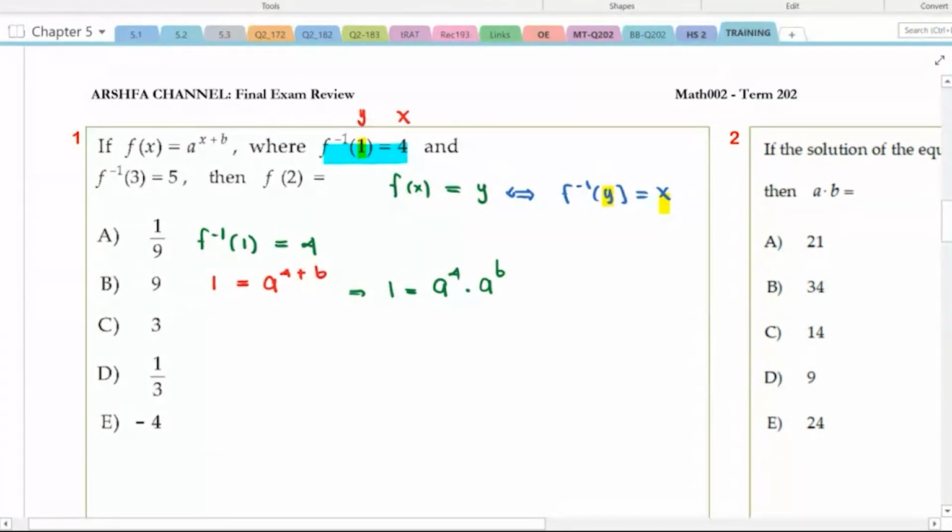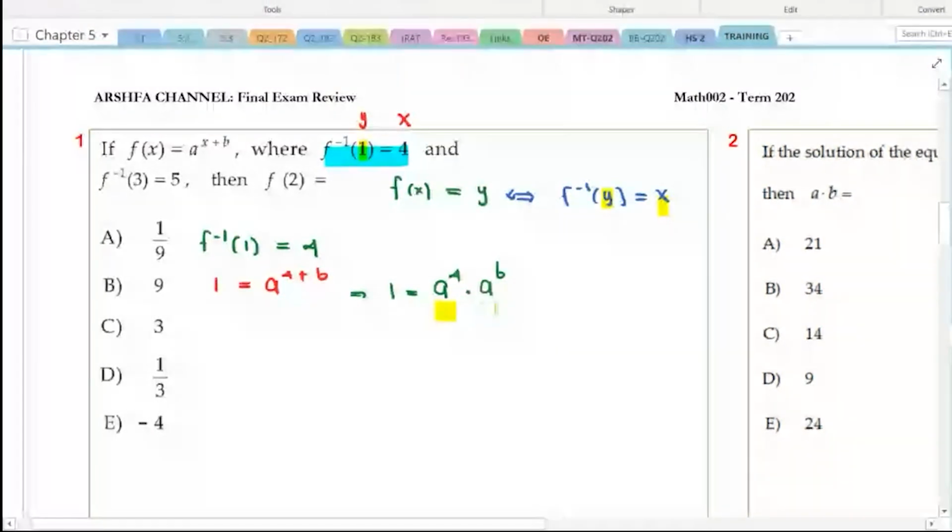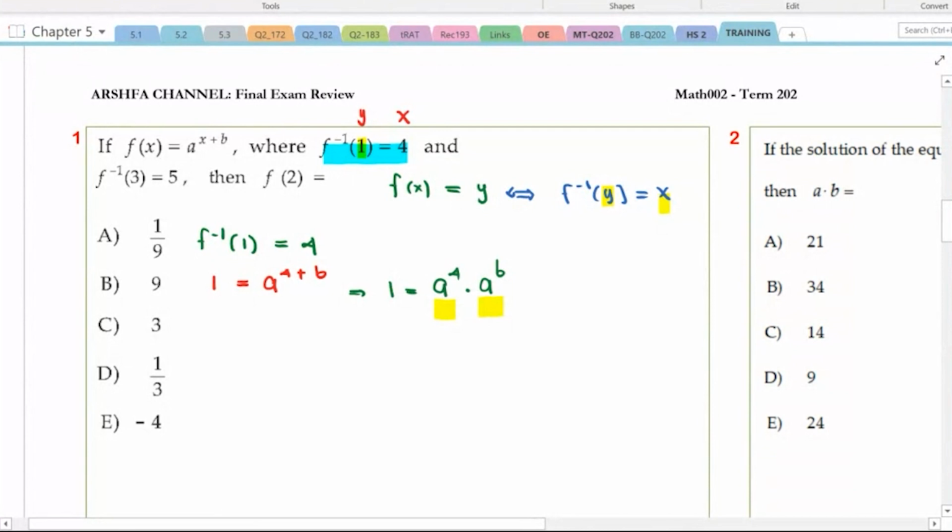Now, gentlemen, you can see here we have a power of 4, while here we have a to the power of b. We can decide to divide both sides by a to the power of b, or divide both sides by a to the power of 4. Whichever we do is going to be the same thing. What do I mean here?